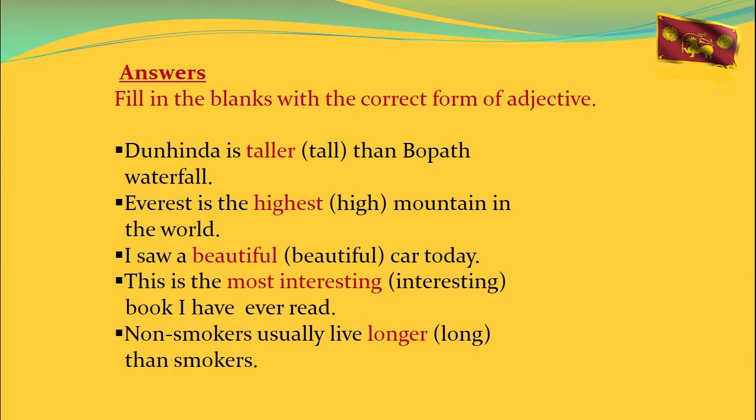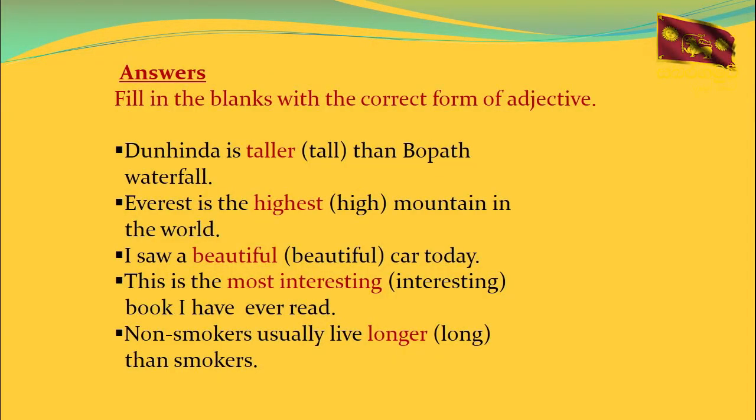And I saw a beautiful car today. You are just talking of something, car. So you can use the positive form. A beautiful car. Not comparing. This is the most interesting book I have ever read. So there you are talking of the best book that you have ever read. Then there you have to use the superlative form of the adjective.